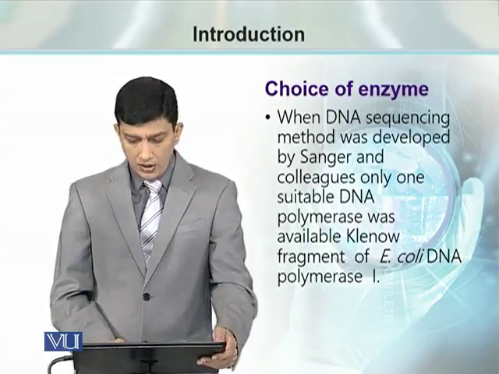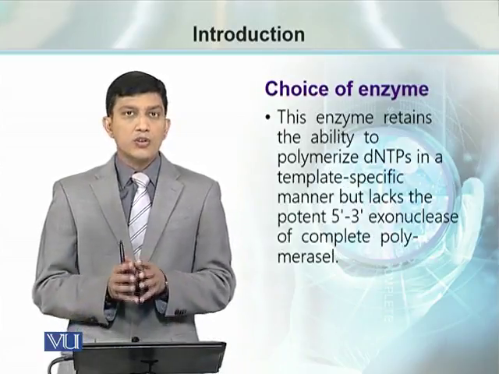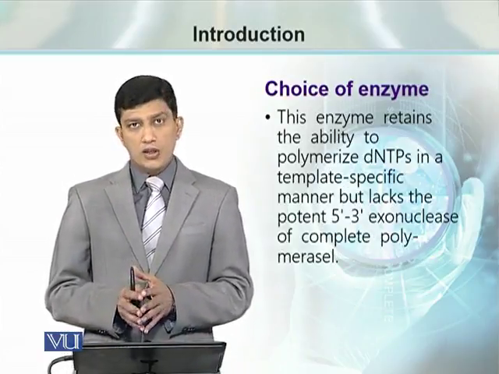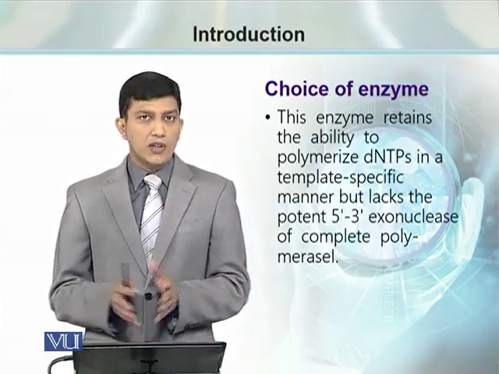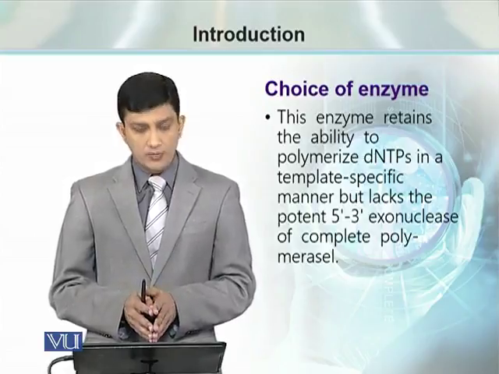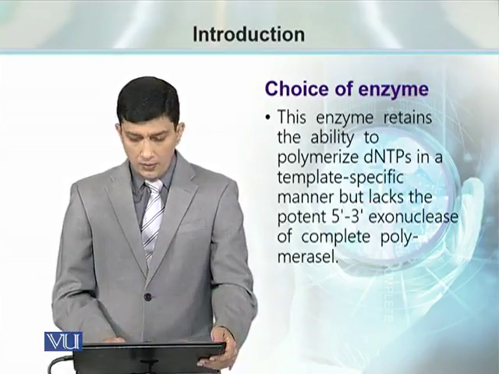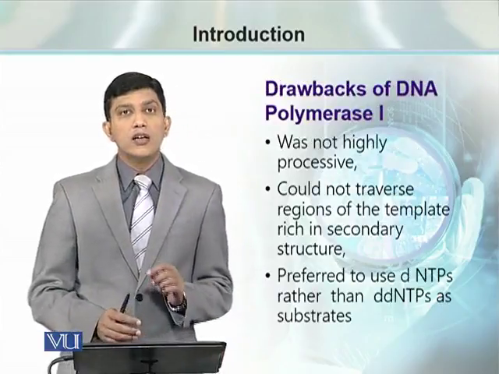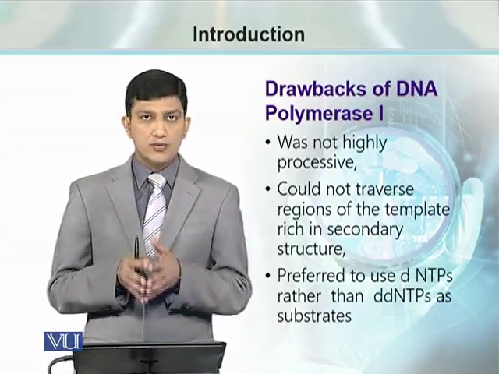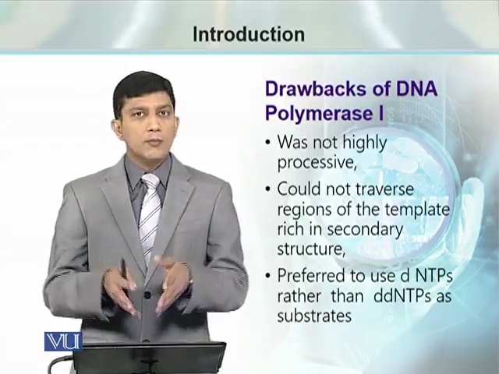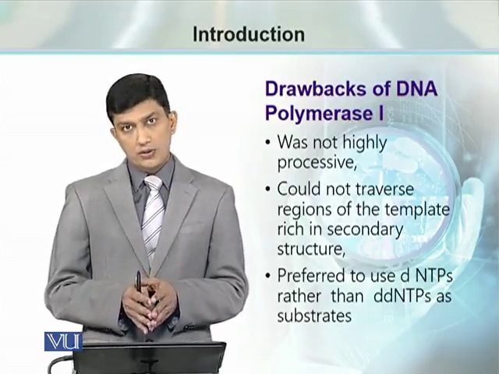This Klinov fragment was a good and only choice at the start of the sequencing methods when Sanger developed it in the 70s. And using Klinov fragment was not always successful to come up with good sequencing results.